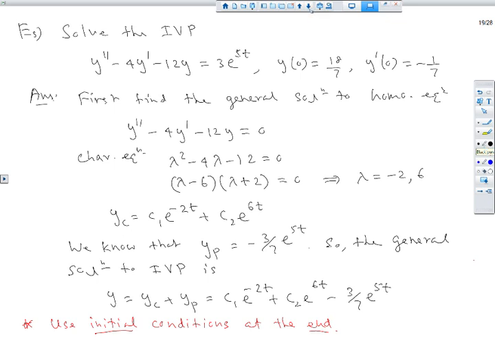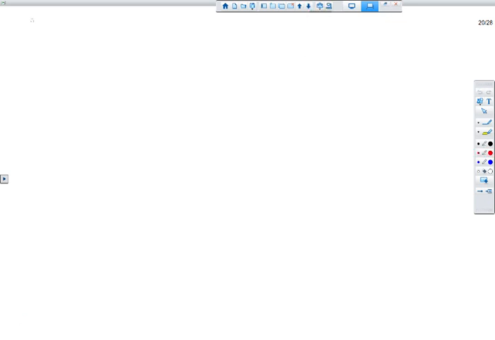So using y(0) equal 18/7, we can write 18/7 equal, let's plug in 0 into the equation. We're going to have c1 e to the 0 plus c2 e to the 0 minus 3/7 e to the 0.